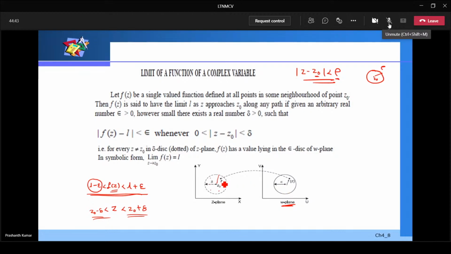As z approaches z naught, f of z approaches L. Then we say the function has a limit. f of z has a limit L, or f of z approaches the limit point L. This is the way we tell.